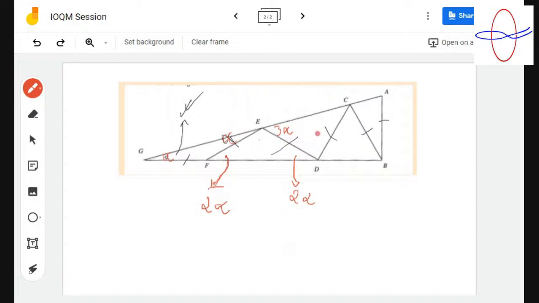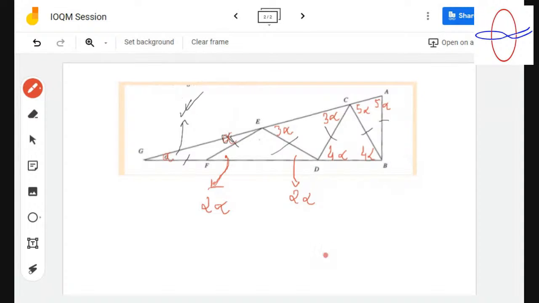So therefore this is 3 alpha, and therefore this is also 3 alpha. This will be equal to 4 alpha, similarly this will be equal to 4 alpha, and this will be equal to 5 alpha, and this will also be equal to 5 alpha. So what do we get?